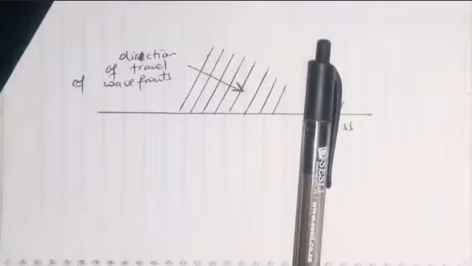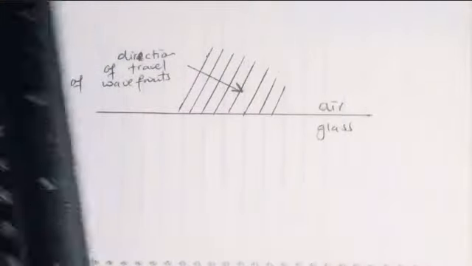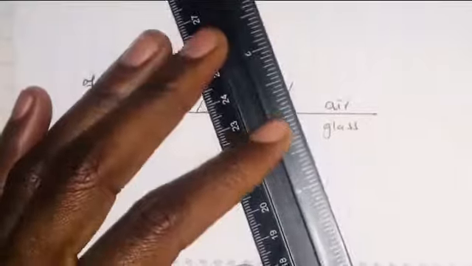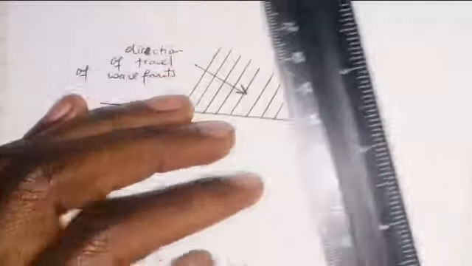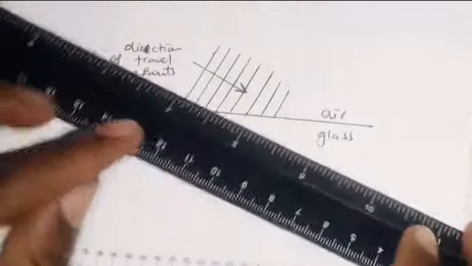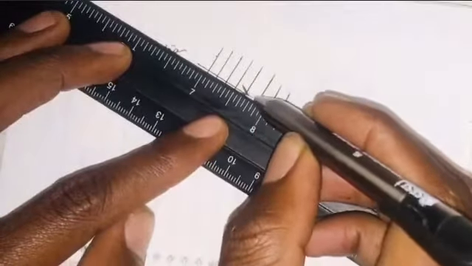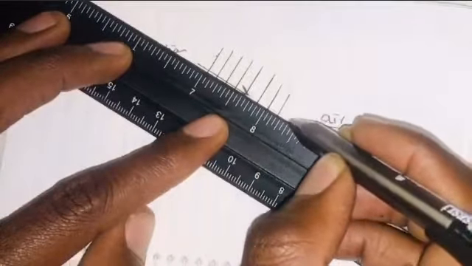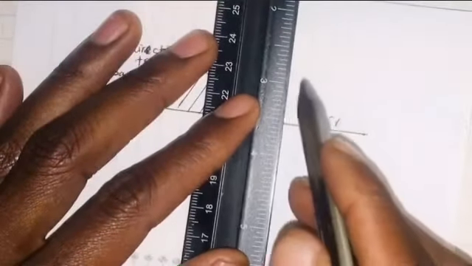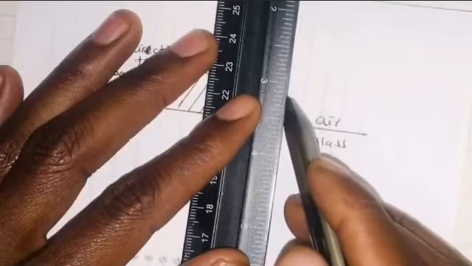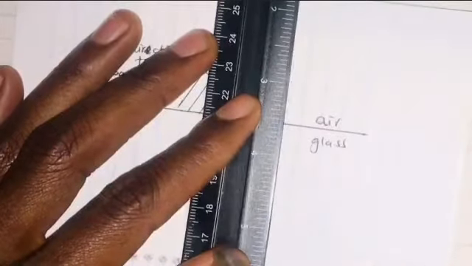So firstly, we want to draw the wave fronts of the reflected wave. If I continue with this line, which shows the direction of the wave, and it comes here, I will have my normal coming in this direction.